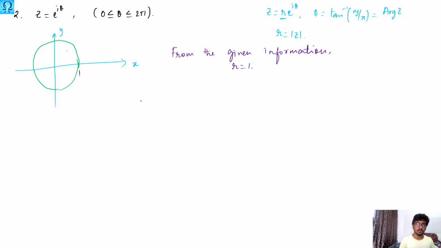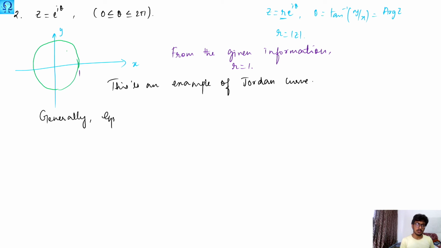This is an example of a Jordan curve. Only at the end points the function meets itself. Generally, the equation of a circle is z equals z naught plus r e to the power iota theta, where theta varies from 0 to 2 pi.